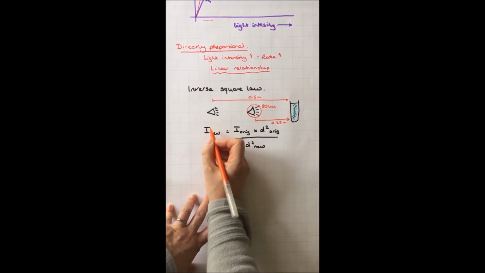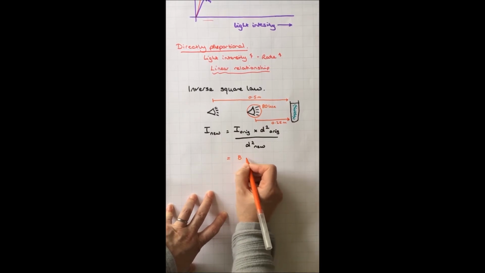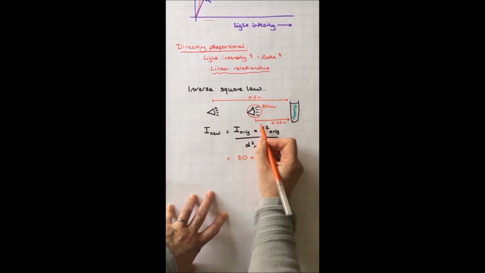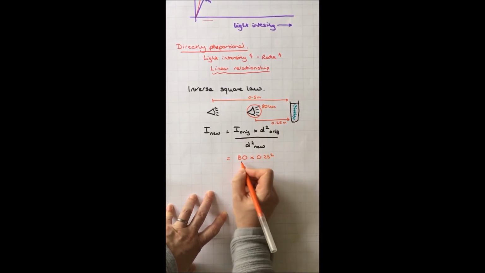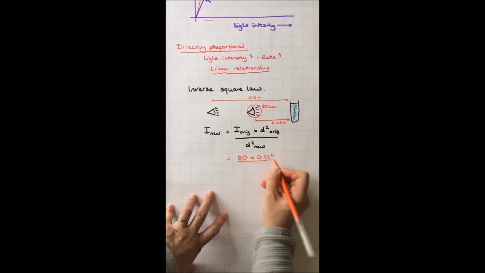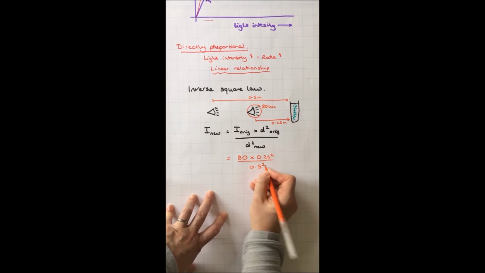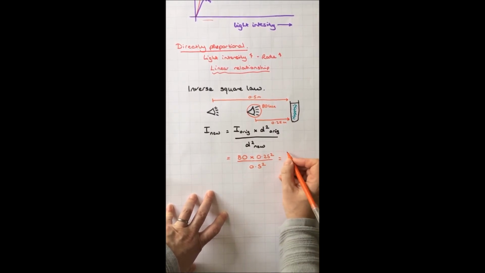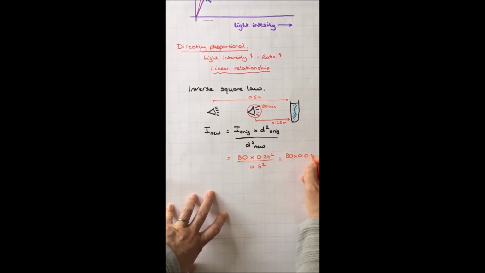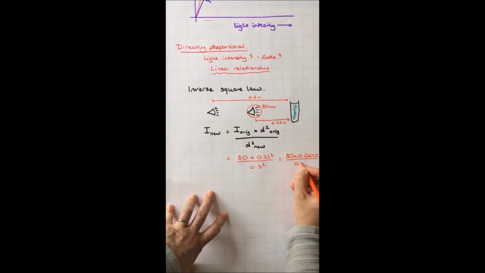So my light intensity of my new position is my light intensity of my original position, so that's 80, times my distance of my original squared, so that's 0.25 squared, divided by the distance of my new position, so 0.5 squared. So that comes to 80 times 0.0625 divided by 0.25.